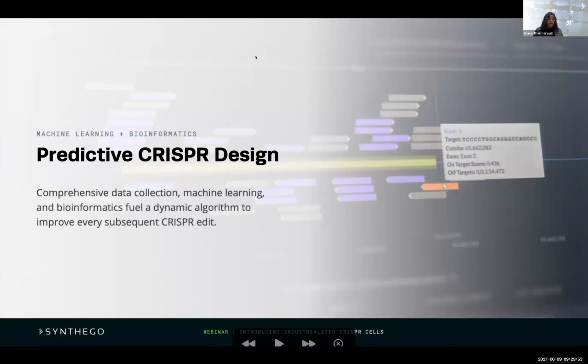If you remember from our original slide of Eclipse capabilities, we do have this value of end-to-end tracking, meaning that we're literally looking at every single process along our workflow, and we have ways of capturing that data. Now, this end-to-end tracking allows us to learn from every edit that is generated on our platform.